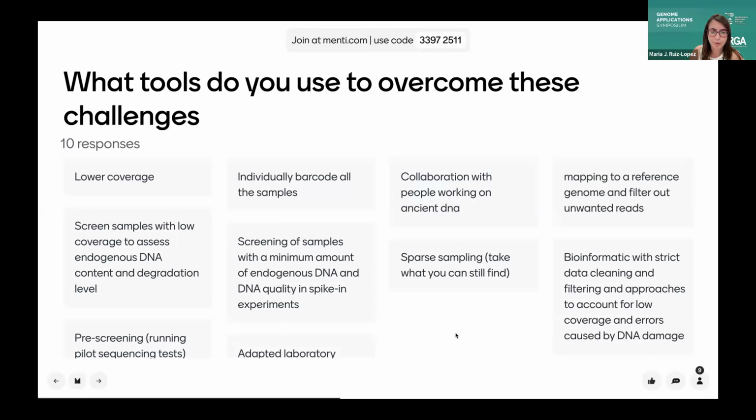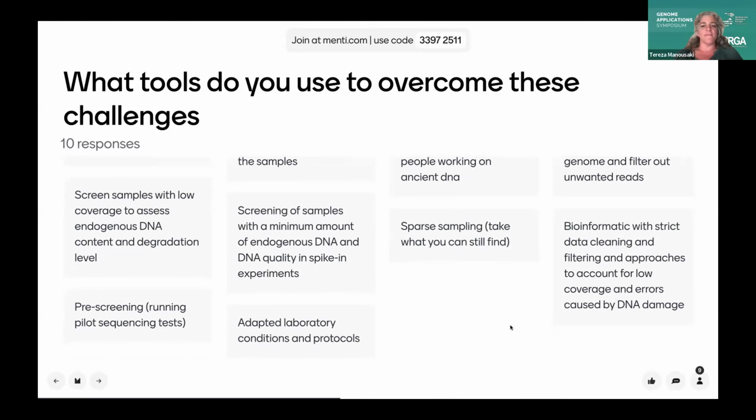Maybe modify the library prep. You mean the spiking? No, there is an answer called adapted laboratory, which I might mean protocols. Okay, that means that you need to fine tune conditions and protocols. Yeah, you cannot just take a protocol and run it.